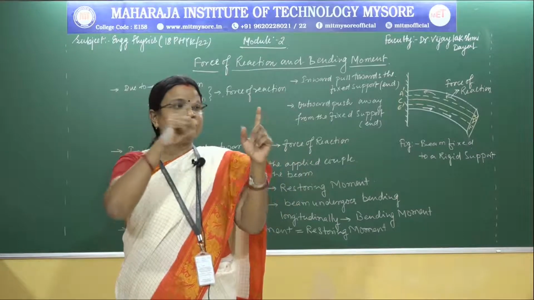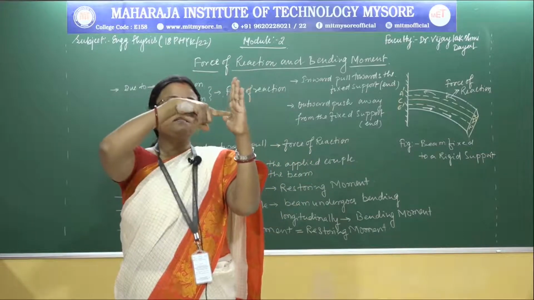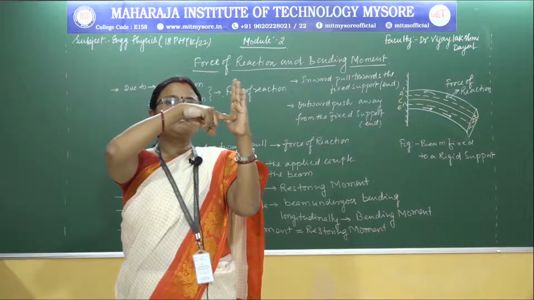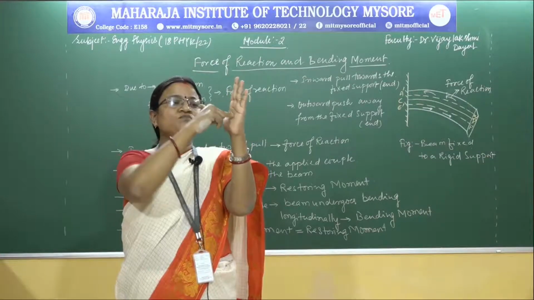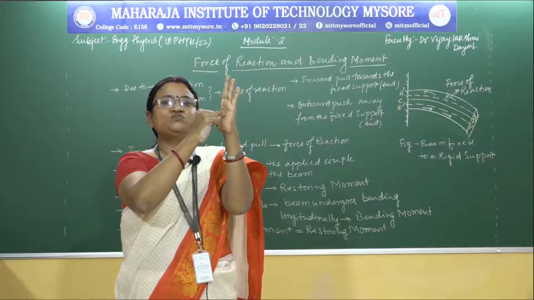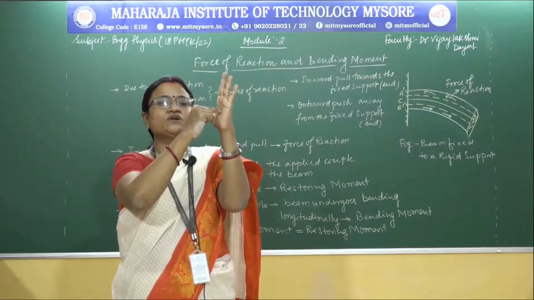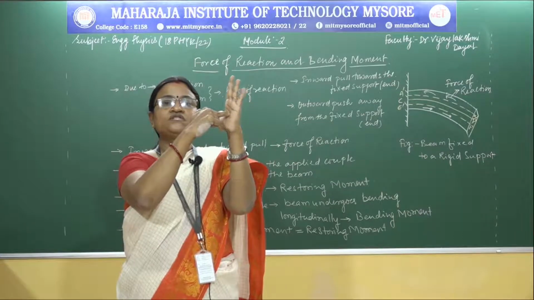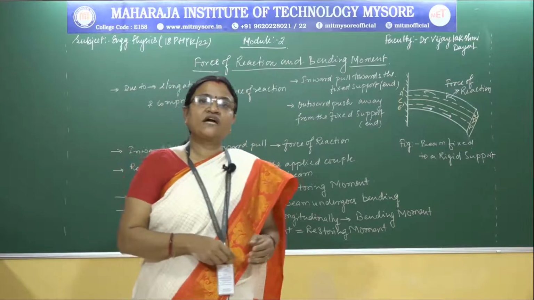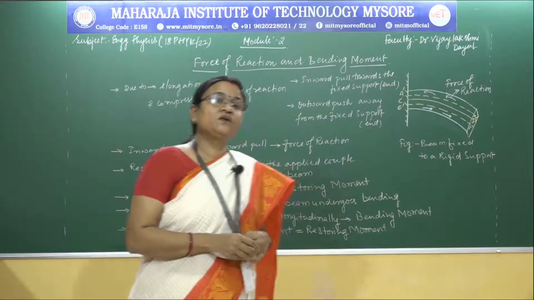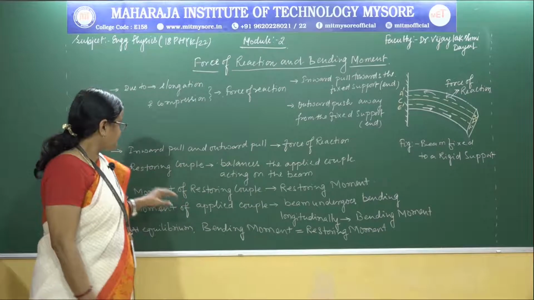So if this is a body and the force is applied in the inward direction, then force multiplied by the distance between the fixed support and the point where the force is applied gives the magnitude of the torque or the couple.